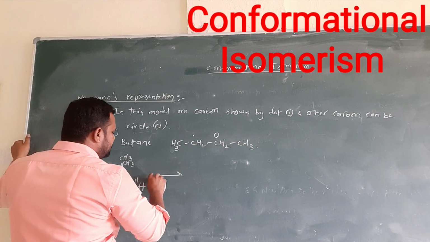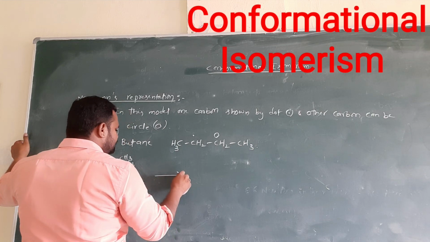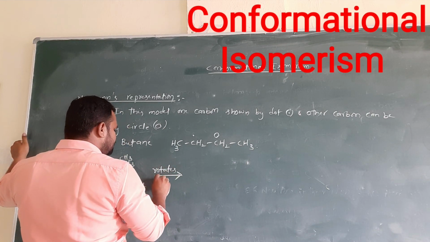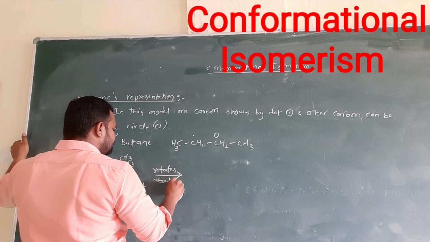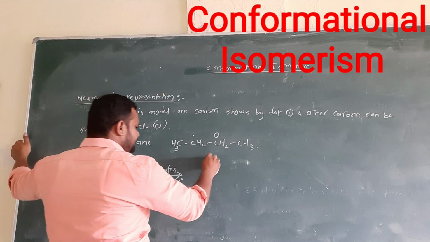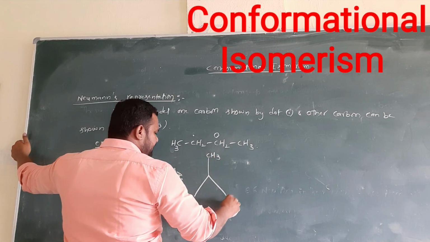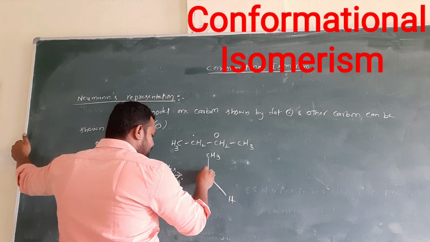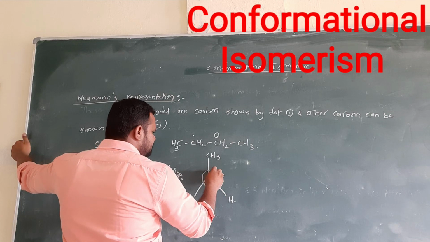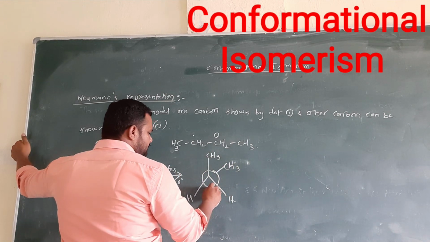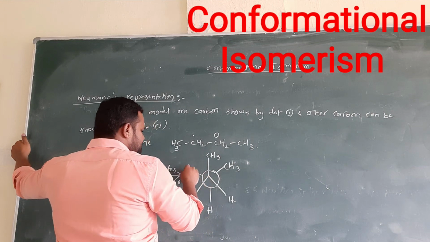Let us rotate the circle carbon by about 60 degrees. By rotating about 60 degrees, the dot carbon and its groups are fixed, but on the circle carbon, this one methyl group maintains 60 degrees with this methyl group.